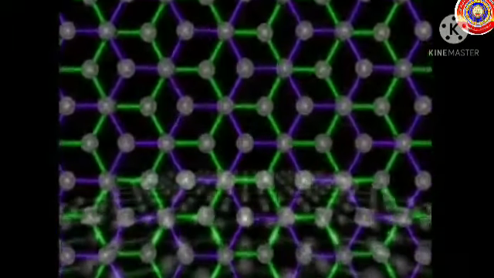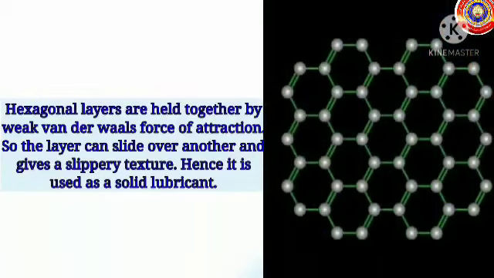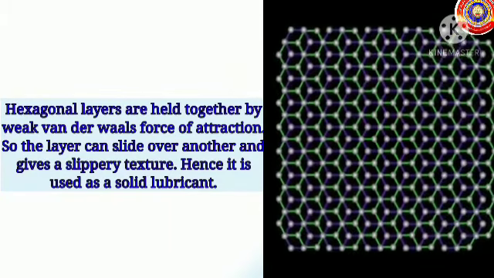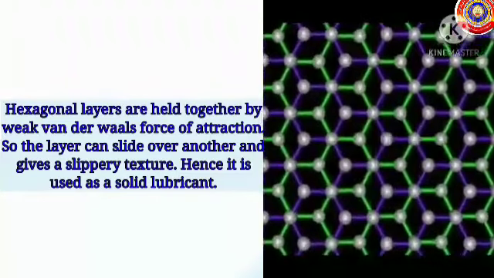And also you can see that there is no covalent bond between these layers. Hence these layers are held together by the weak van der Waals forces of attraction. Hence, one layer can slide over another. Thus, graphite can be used as a solid lubricant.